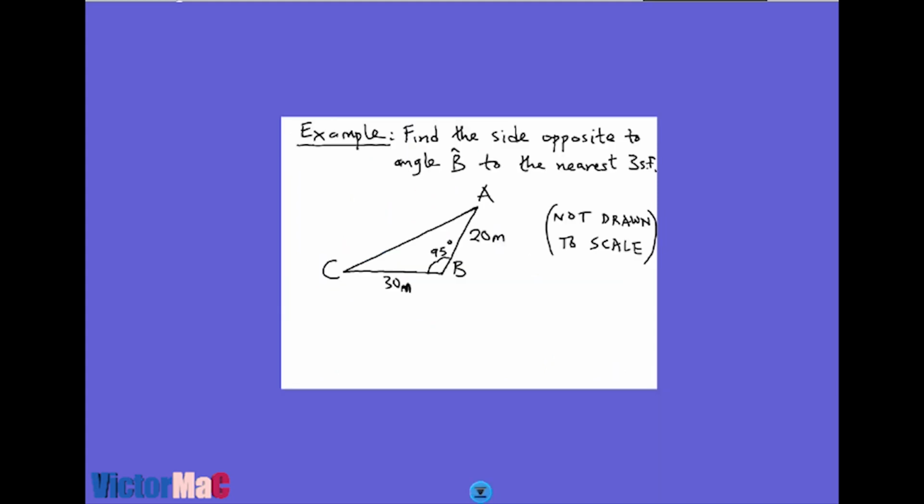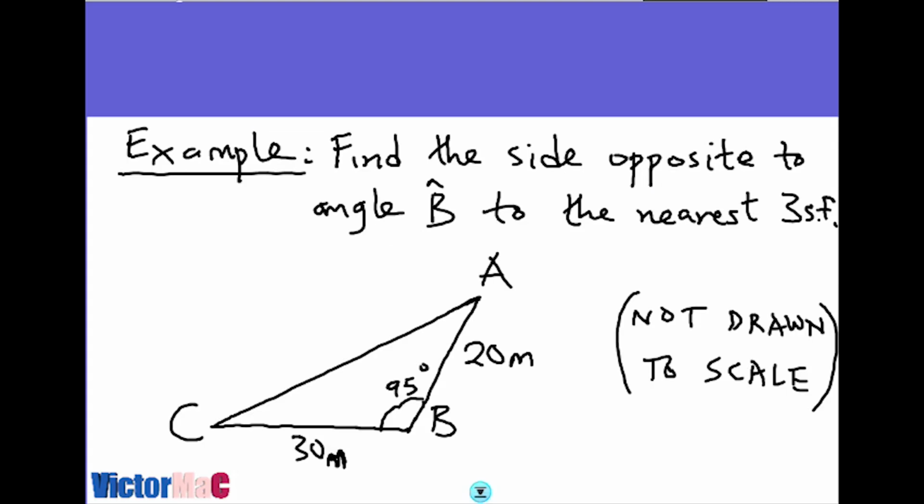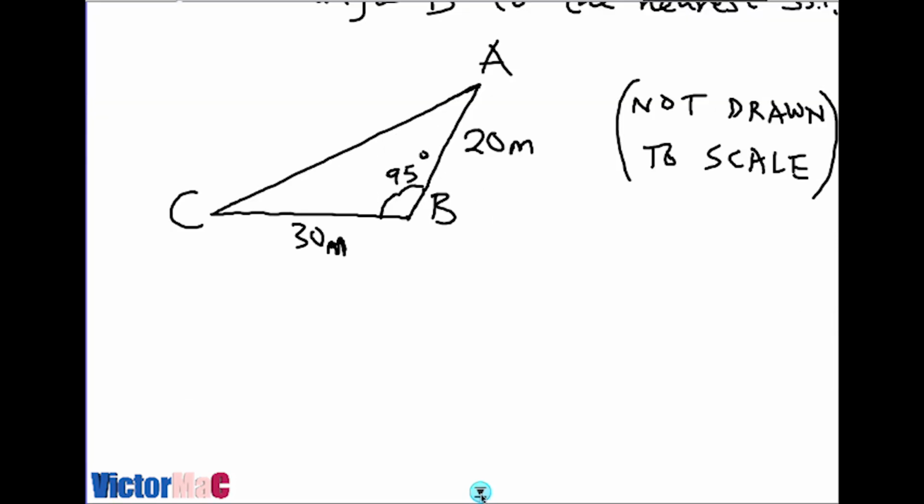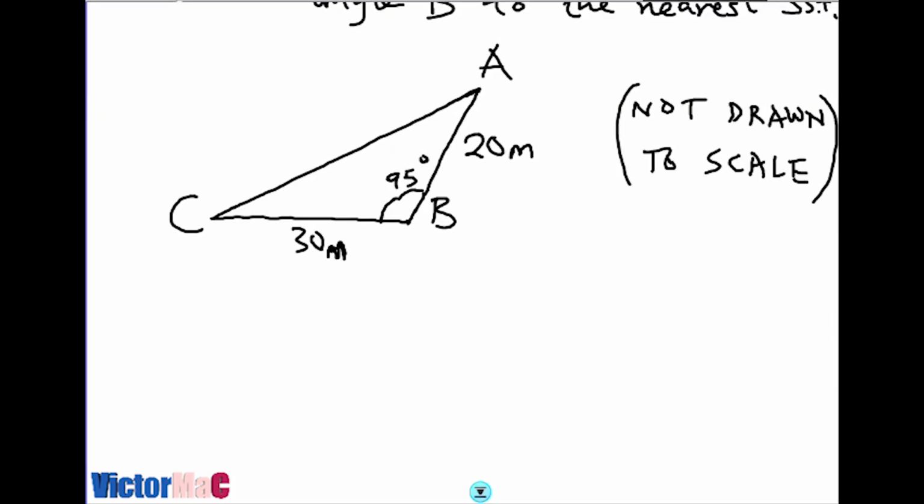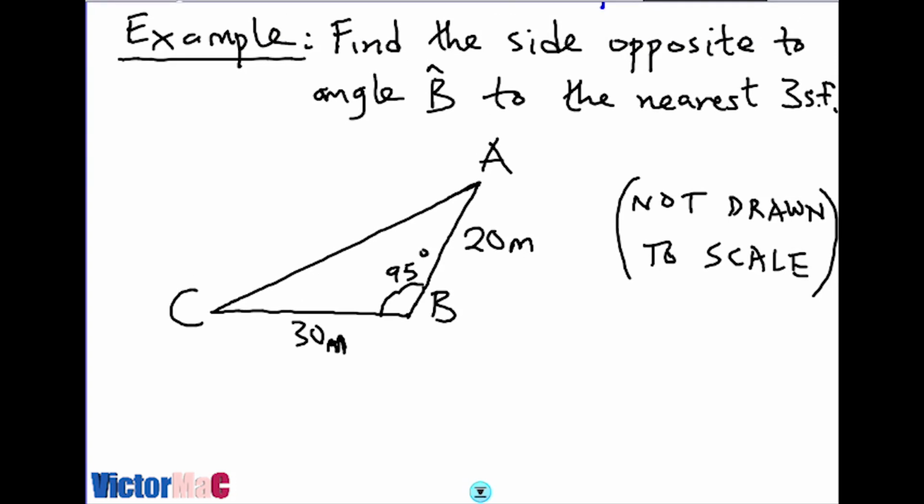Okay, now let's see an example here. We are to find the side opposite to angle B to the nearest three significant figures.